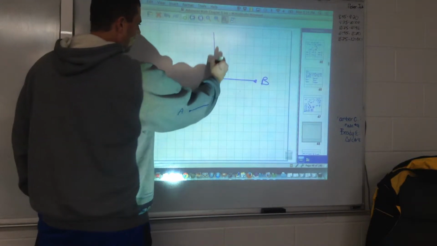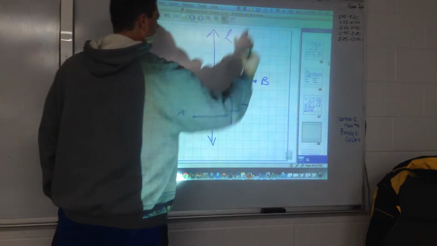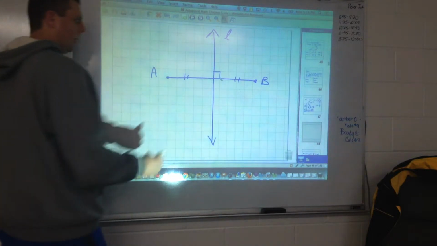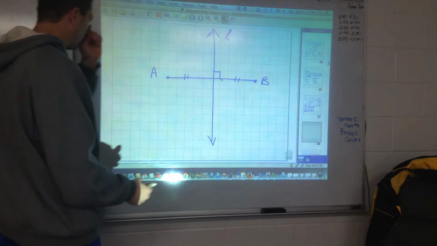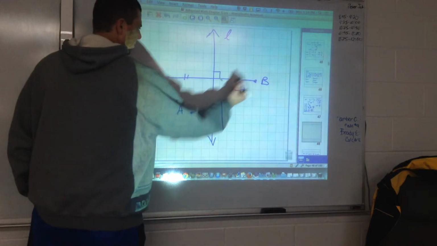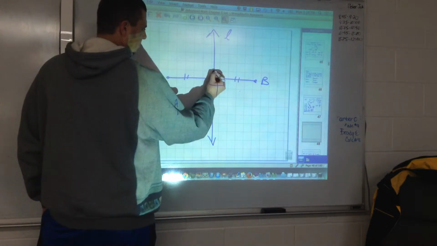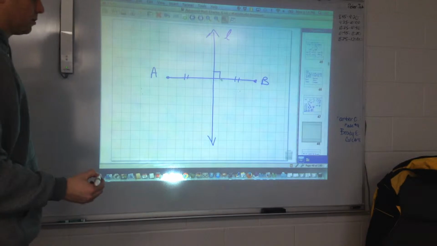So if I say that this line right here, we'll say line L, is the perpendicular bisector of segment AB, not only does it make a right angle, but it also cuts it in half. So it's perpendicular and it's a bisector because it cut it into two equal parts.